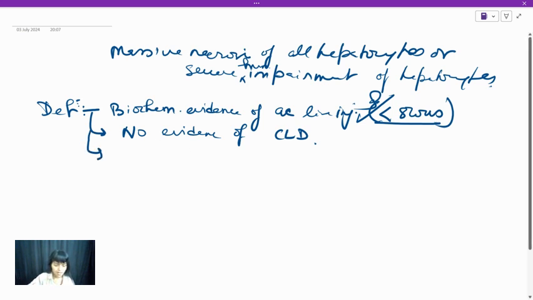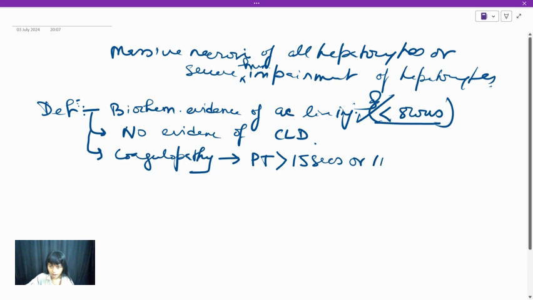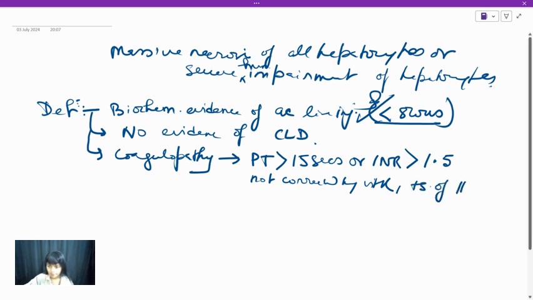And along with that, you'll have evidence of hepatic coagulopathy, and that is defined by PT, that is prothrombin time more than 15 seconds, or INR more than 1.5, which is not corrected by vitamin K, and presence of features of hepatic encephalopathy, right?